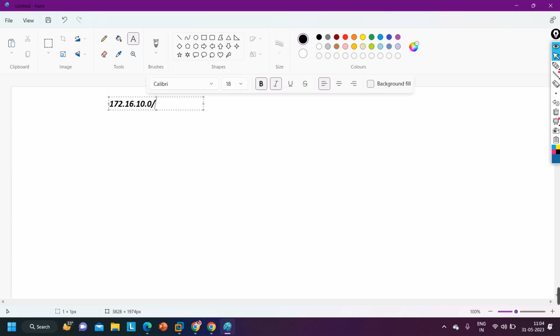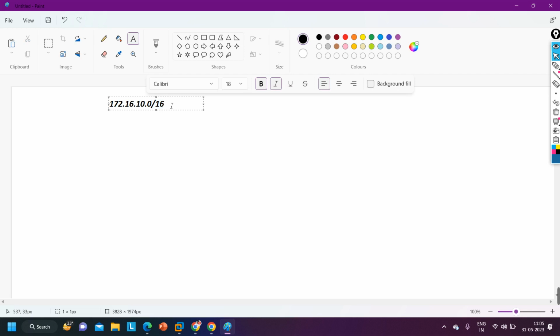By default, the CIDR value for class B will be slash 16, that is 255.255.0.0, which means there are 16 network bits.